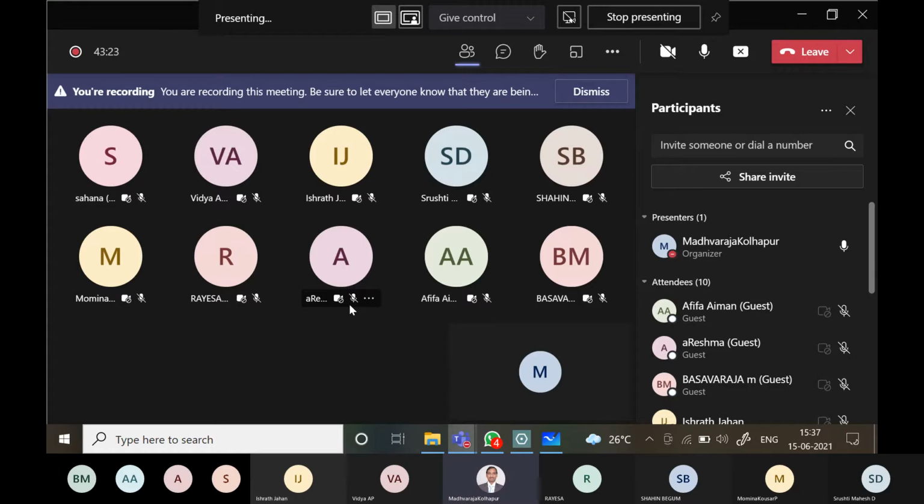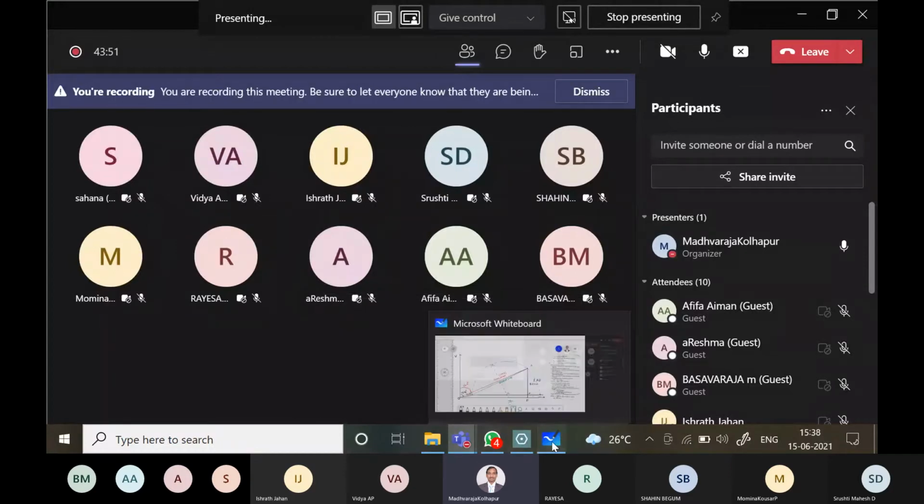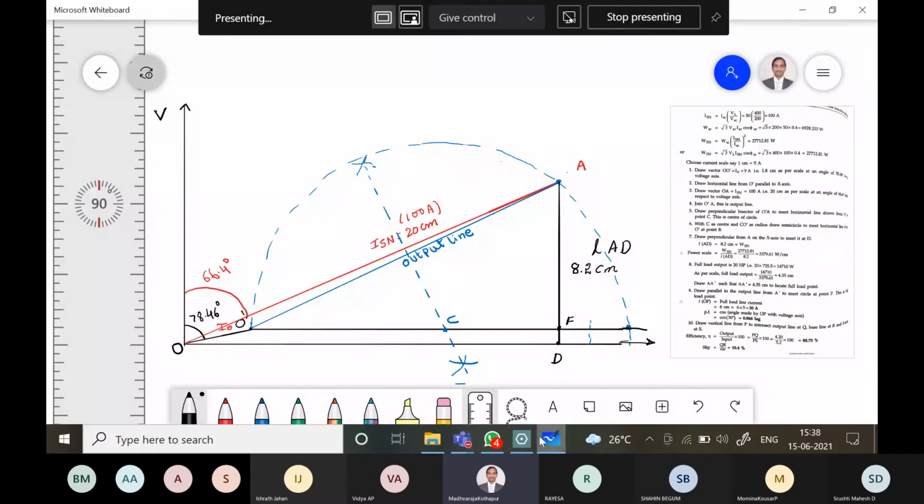Sahana, what did you get? Vidya, how much did you get? 7.3. Okay, whatever you got, take it because it is a graphical method, so a slight variation you will get, depending upon the scale.